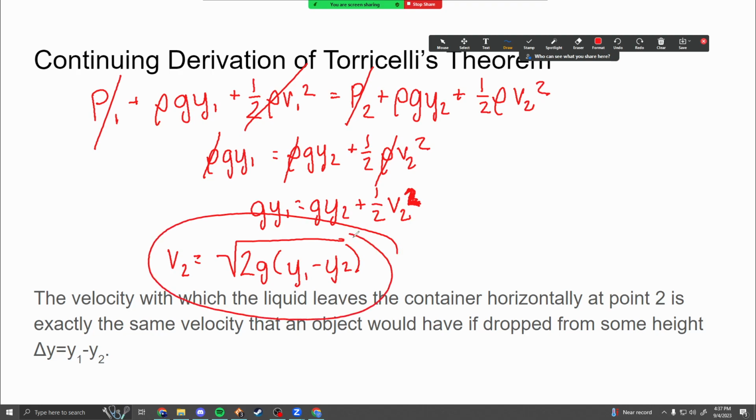Okay, and this is what is called Torricelli's theorem. Okay, so we're solving for the velocity with which the liquid leaves the container horizontally at some point 2, and that velocity is the same as if an object would have dropped from some height y1 minus y2.